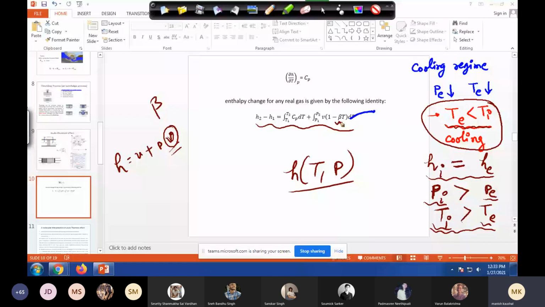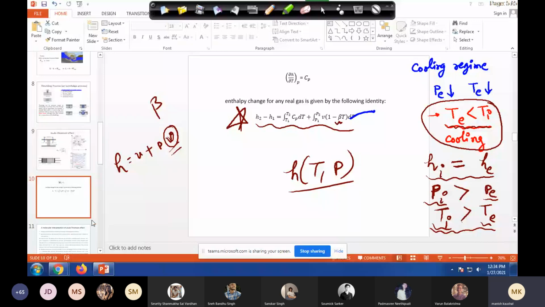Mathematically, I cannot explain right now because we haven't derived this relation, so we'll wait. But I can give you the molecular interpretation of why sometimes cooling occurs and sometimes heating occurs. So let me explain that to you.